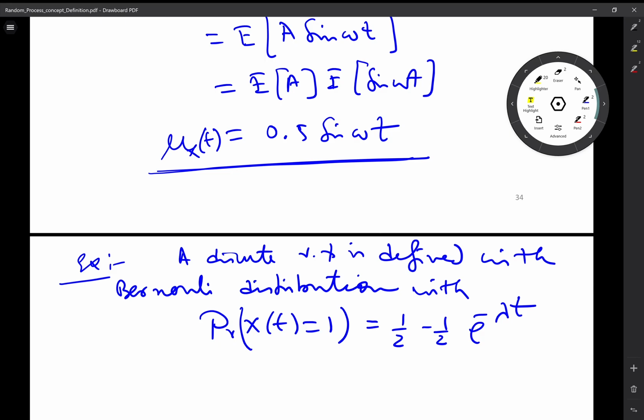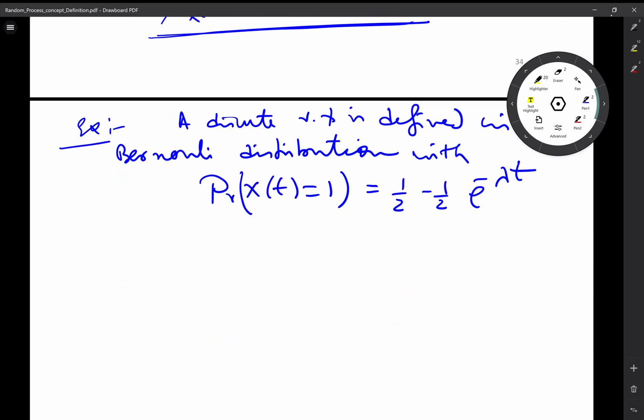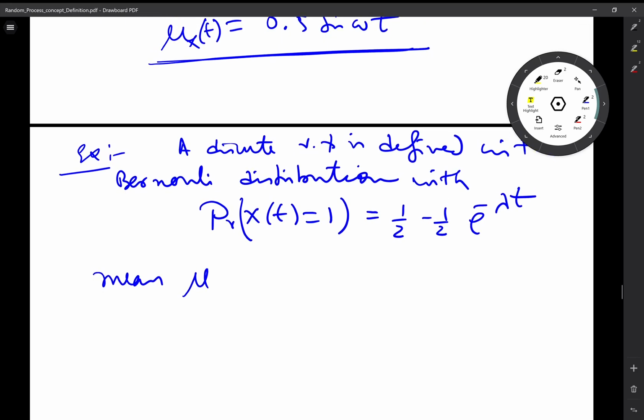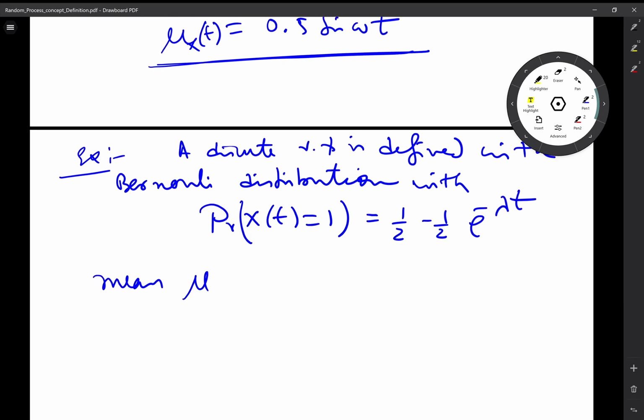So now the mean function, what will be the mean? Okay, sorry, this is not a discrete case, this is a continuous case.